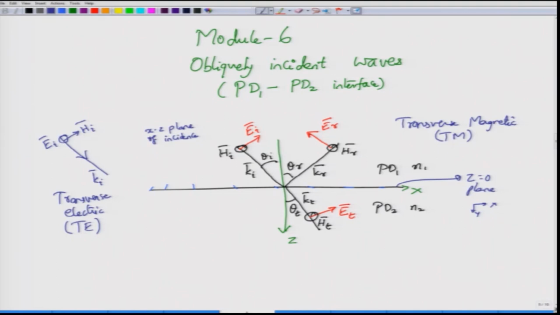Any wave of course can be split up into TM and TE, that is, if we have a wave which has some components in the plane of incidence as well as a component along the y axis. Similarly, for the magnetic field which has some component along the plane of incidence as well as a component along the y axis, you can split the total electric and magnetic fields into TE and TM.